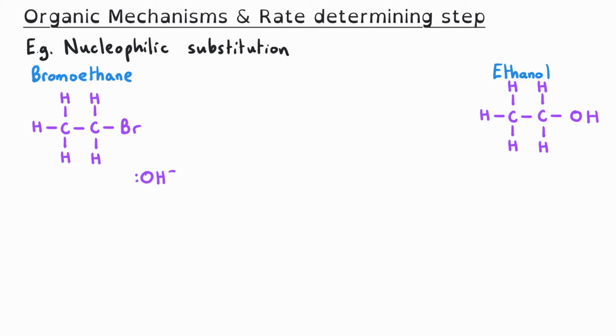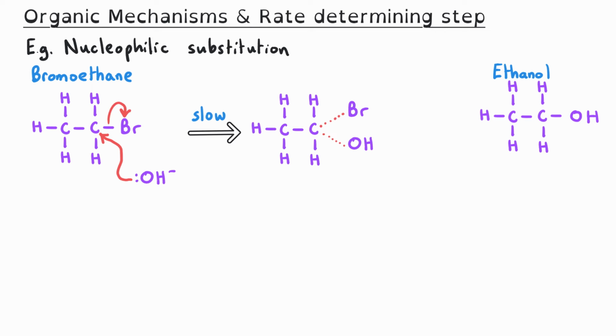In one of the mechanisms, the hydroxide ion can act as a nucleophile and directly attack the electron-deficient carbon in the halogenoalkane. This step is quite slow, and it involves the formation of an intermediate chemical where the hydroxide ion has partially bonded to the carbon, and the bond between the carbon and the bromine has partially broken.